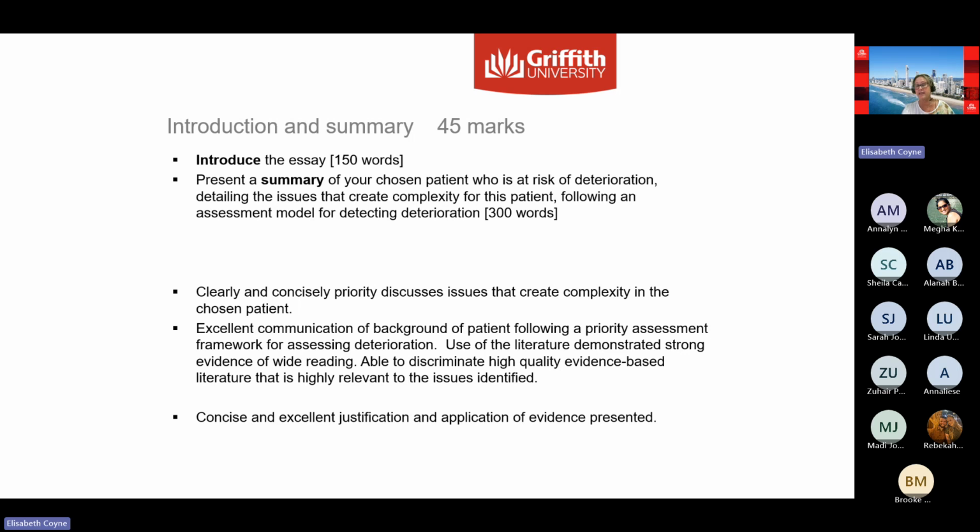The physio, maybe they didn't get walked early enough, they didn't have the right equipment to reduce the risk of a DVT. Their patient was non-compliant because of lack of language skills or health literacy. So think about what makes this patient and that patient group complex, because you're not going to find research about a patient, but you're going to find research about the complexity of that patient cohort.